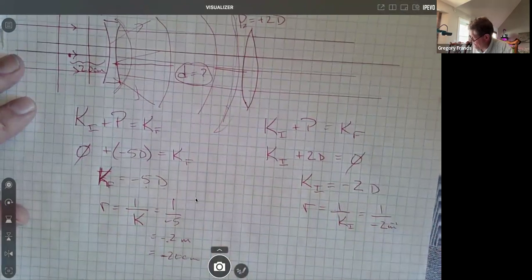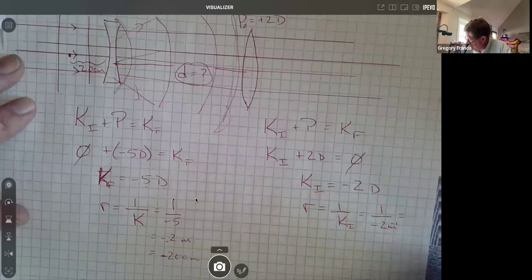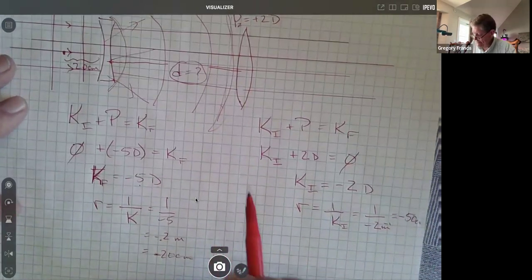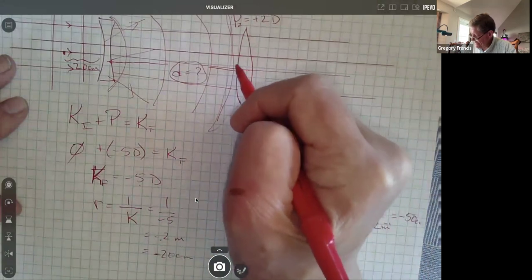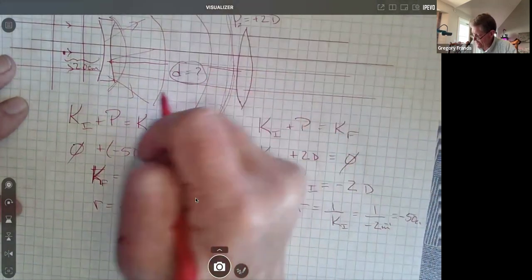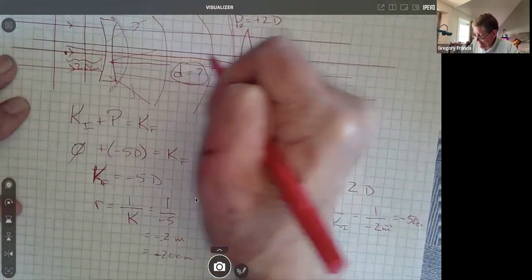Diopters are meter inverse. And so that's going to be minus 50 centimeters. Okay, so that means that this appears to have a radius of 50 centimeters behind it.